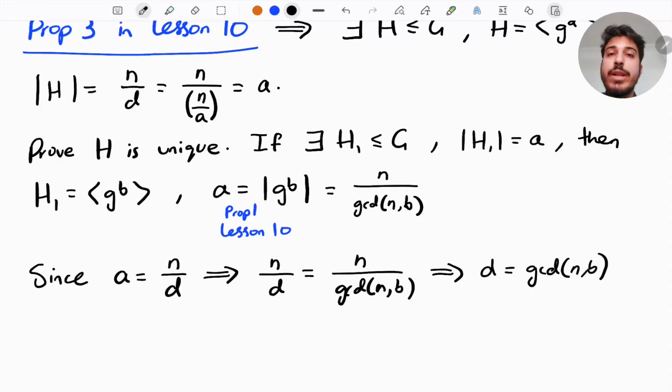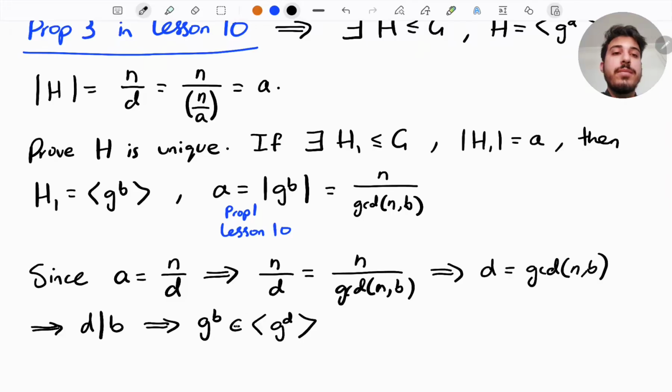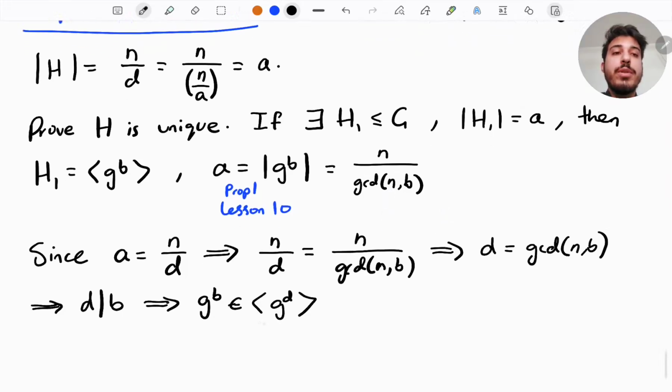But now d is the greatest common factor of n and b, so in particular d divides n and d divides b. So if d divides b, then this means that g to the b must be an element in the group generated by g to the d. Because remember, this group is equal to g to the d times k for all integers k.